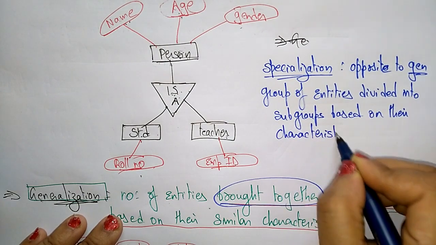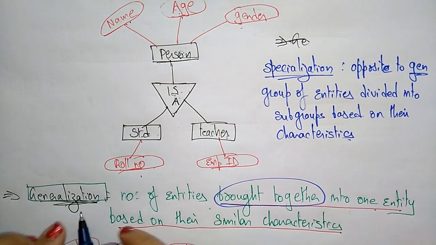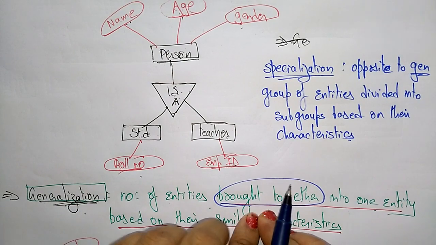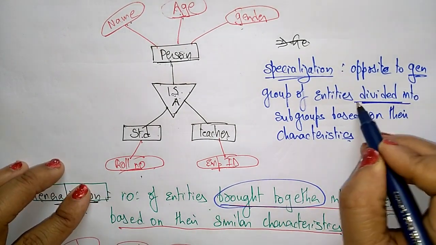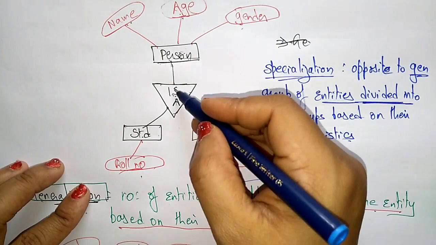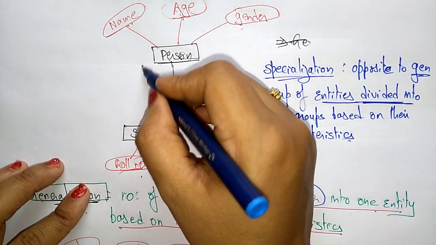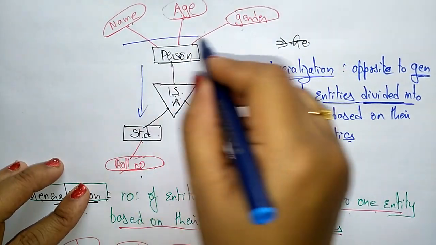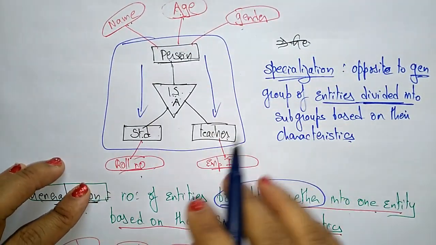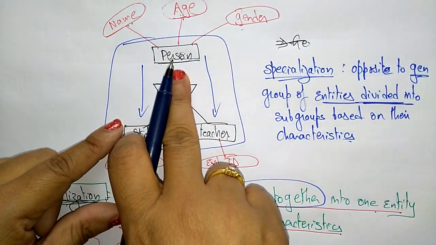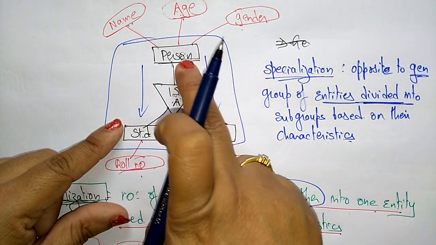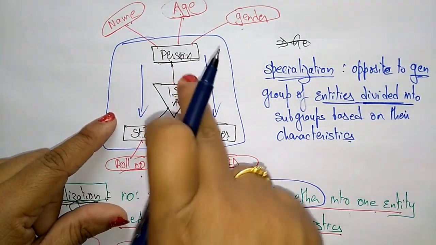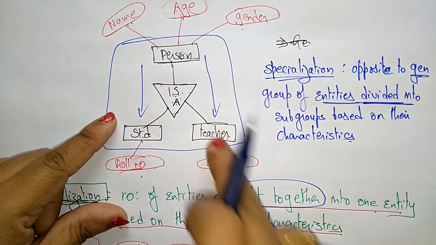So that is the difference between the generalization and specialization. Here a person is divided into student as well as teacher. So this is a specialization concept. A person is a student as well as a teacher.